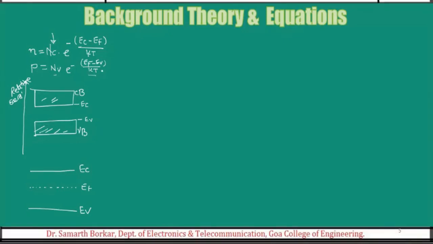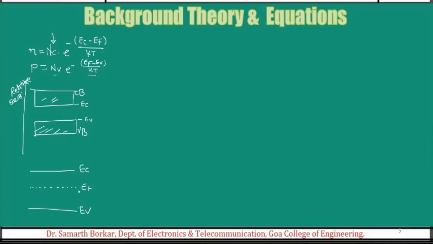This product is a constant value for T equals 300 Kelvin, and it is taken to be 0.026 electron volts. If Nv is constant, then the value of p is purely a function of Ef and Ev. So the hole concentration depends on the difference of these two, and it is negative in the exponent.